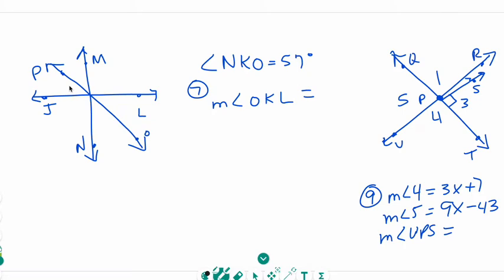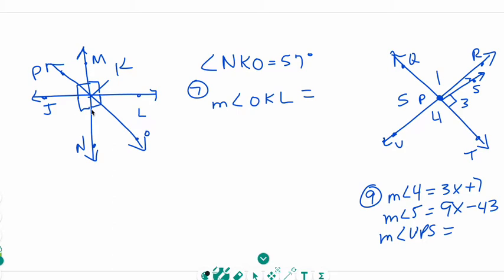Okay, again, same diagram. We have a right angle, right angle, right angle, right angle, because JL is perpendicular to MN. So if we are looking at NKO, and we're looking at OKL, we're looking at two angles that add together to equal 90. So we know they are complementary angles.